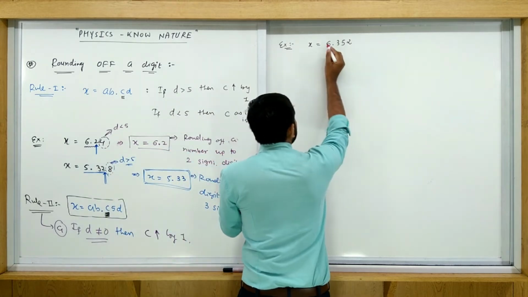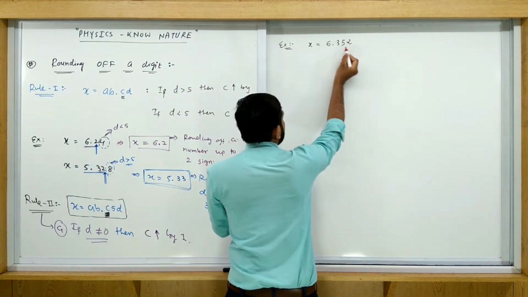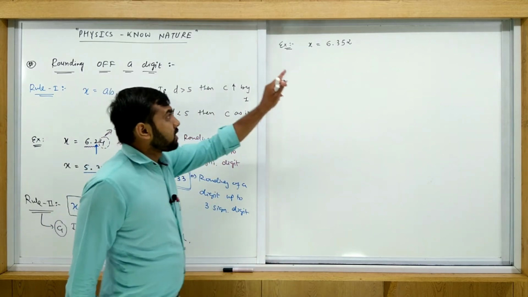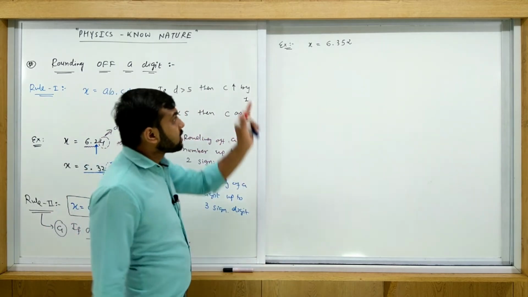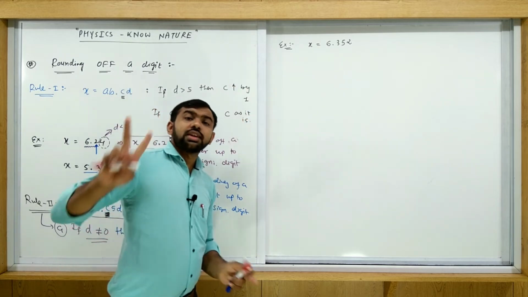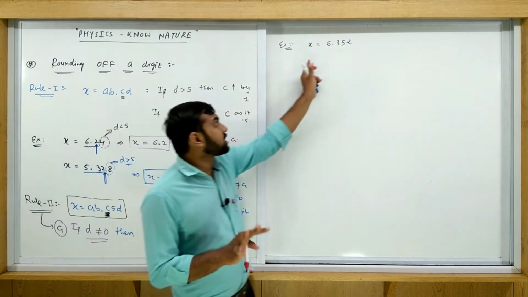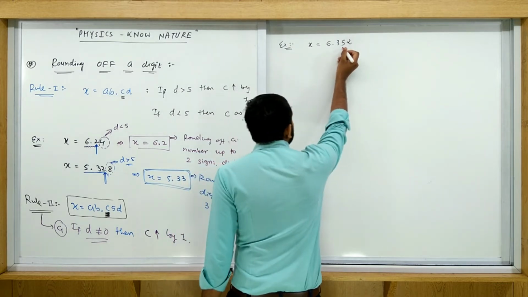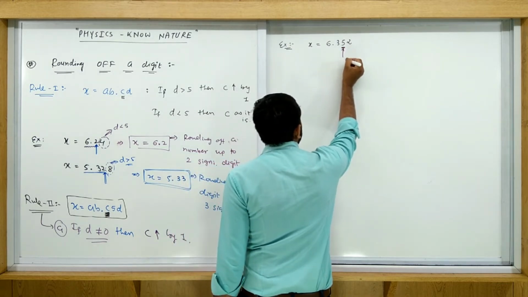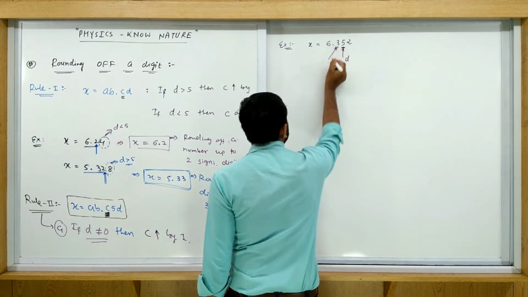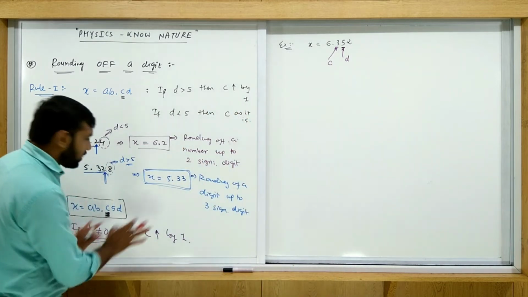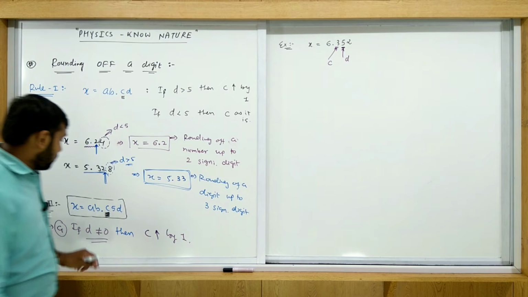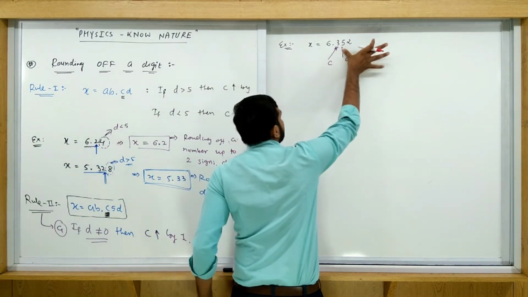How many digits do we have? 1, 2, 3, 4. Total 4 significant digits. And the question is rounding off this number up to 2 significant digits. Right now there are 4 digits. So this is D, and this is C. If you compare, C is equal to 3 and, sorry, 5, this is the D, my mistake.